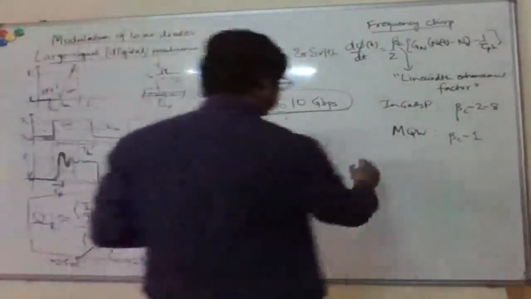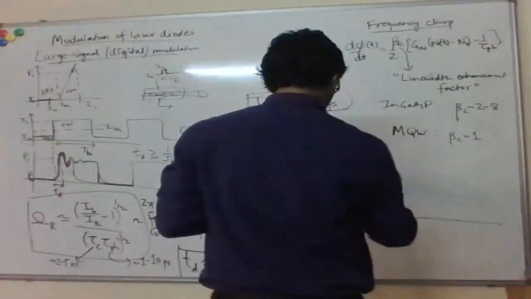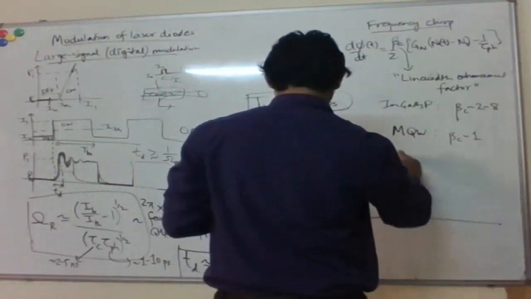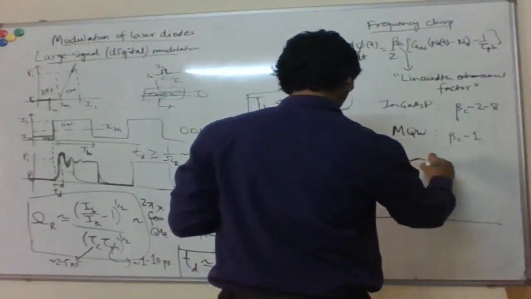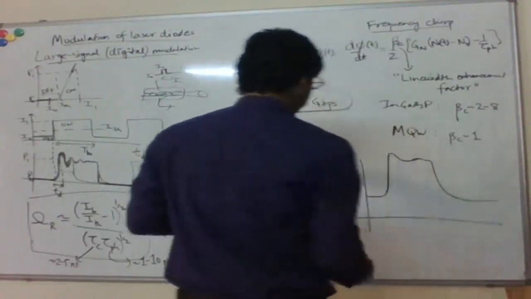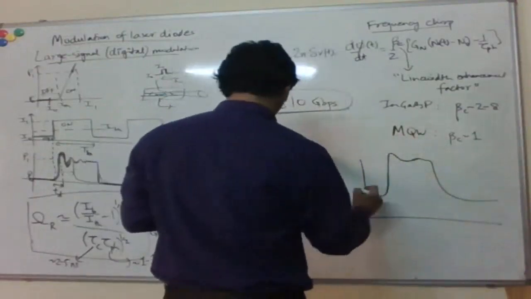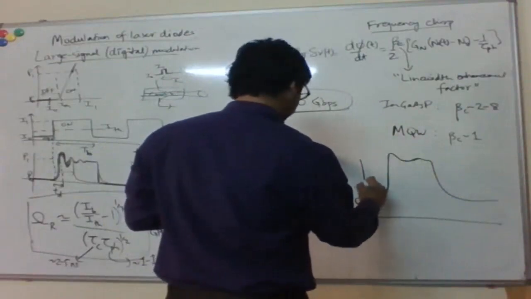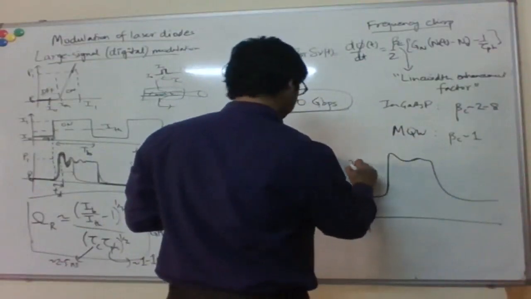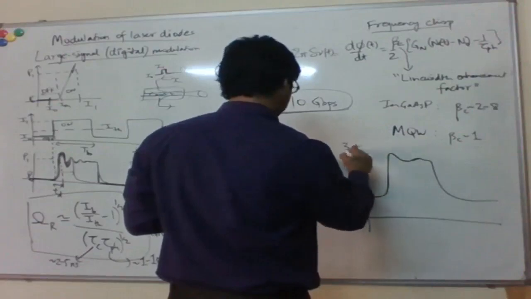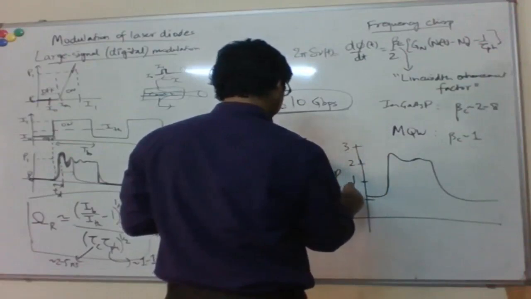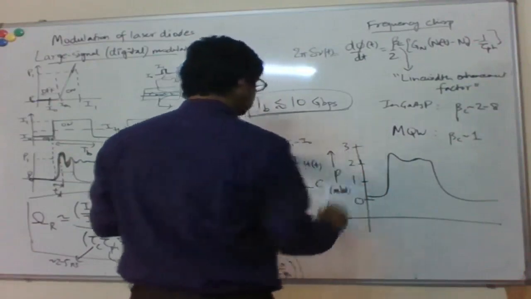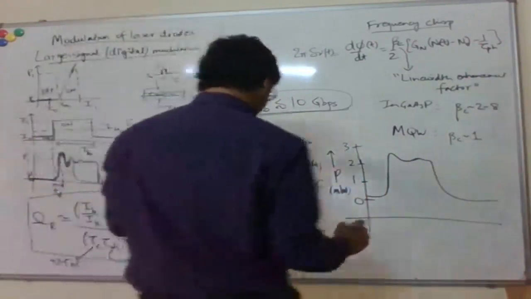So again, if I look at optical power here, let's say that goes like this. So we put some numbers here. This is the optical power in milliwatts coming out of the laser.